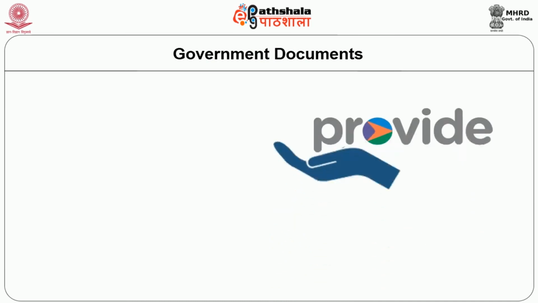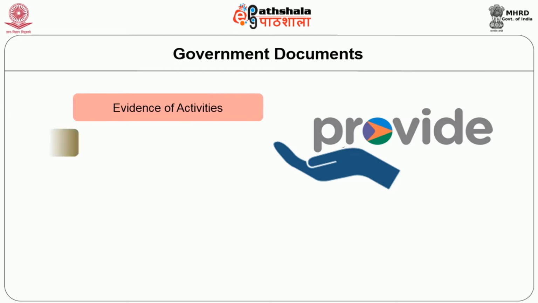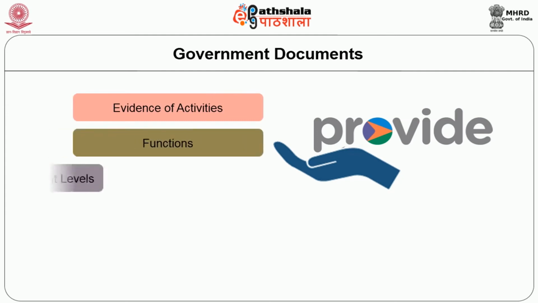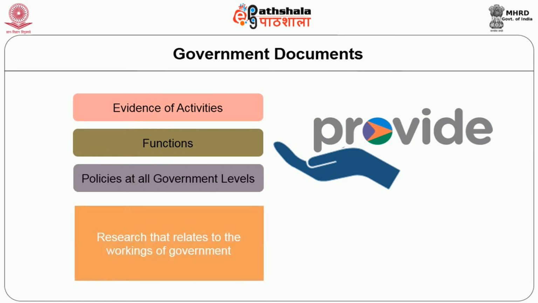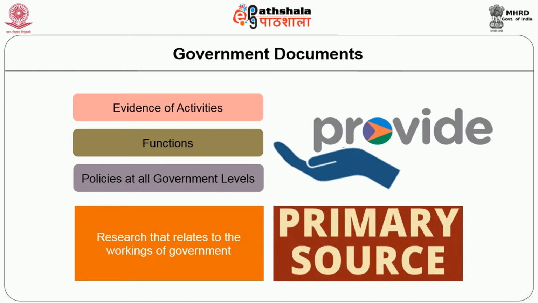Next, government documents. Government documents provide evidence of activities, functions, and policies at all government levels. For research that relates to the workings of the government, government documents are primary sources.